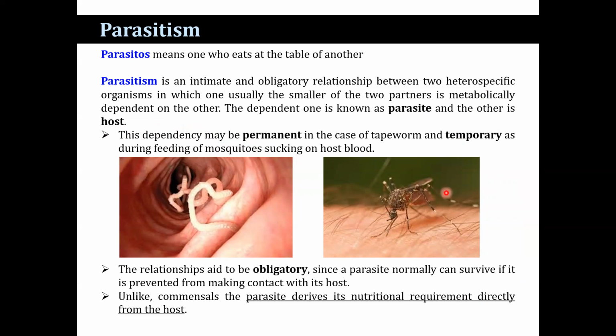The relationship has to be obligatory, since the parasite normally cannot survive if it is prevented from making contact with the host body. Unlike commensals, the parasite derives its nutritional requirement directly from the host body.